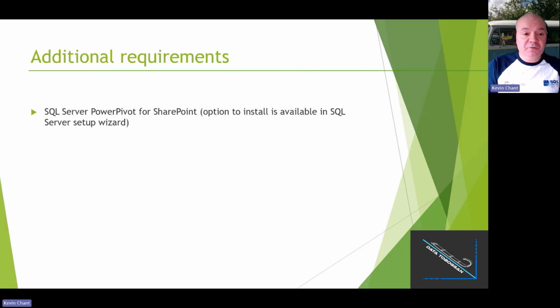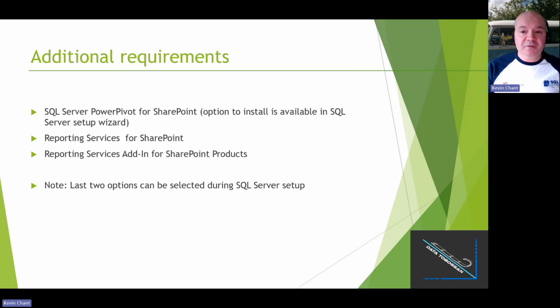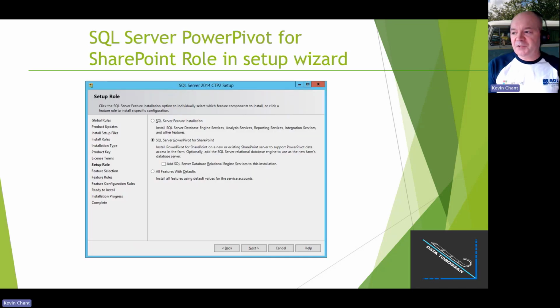Some additional requirements include SQL Server Power Pivot for SharePoint installed, and that's available through the SQL Server 2012 or 2014 setup. Reporting Services for SharePoint as well, and the Reporting Services add-in for SharePoint products. Now, it's worth noting here that the last two options can be selected when you're going through the SQL Server setup, as you can see on the screen here.